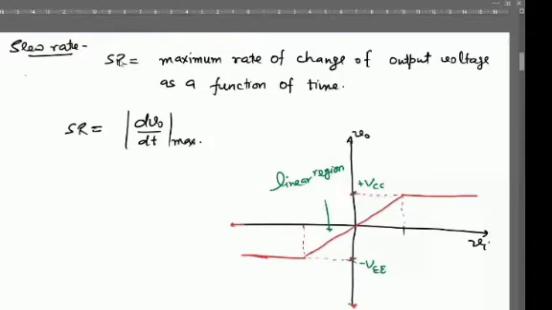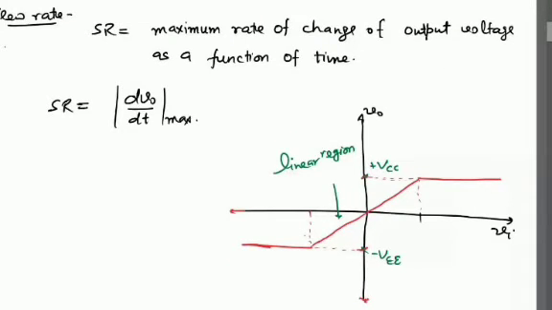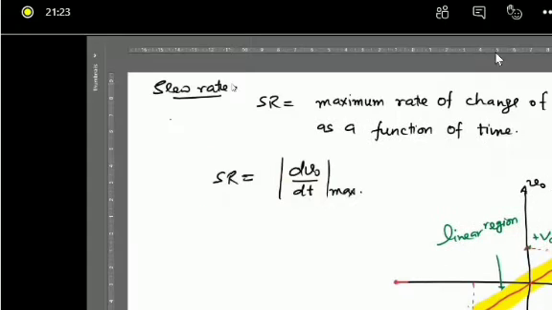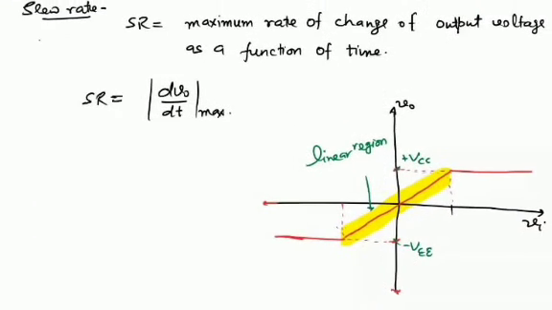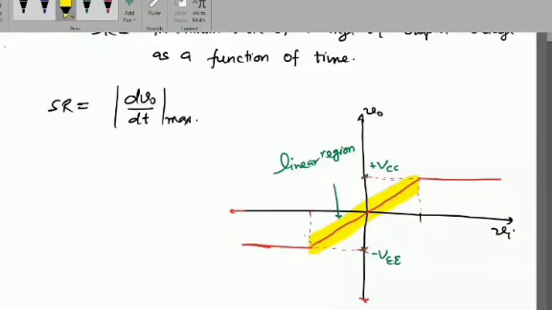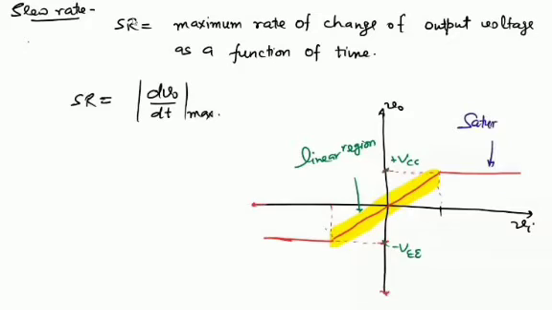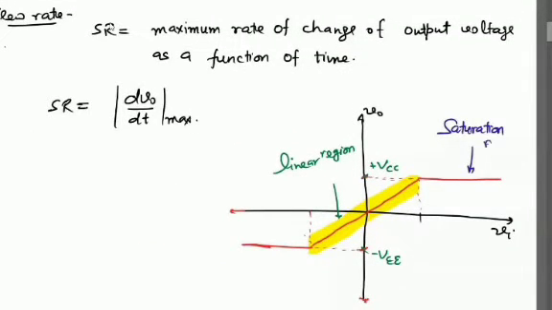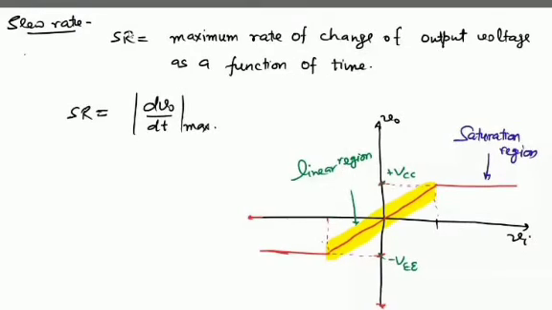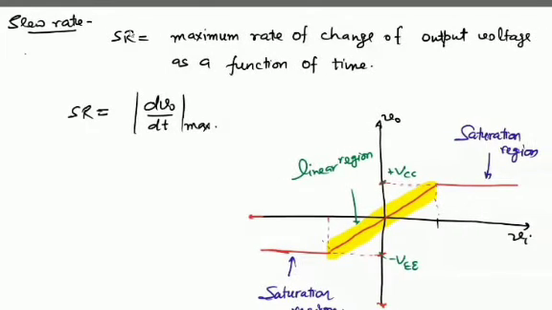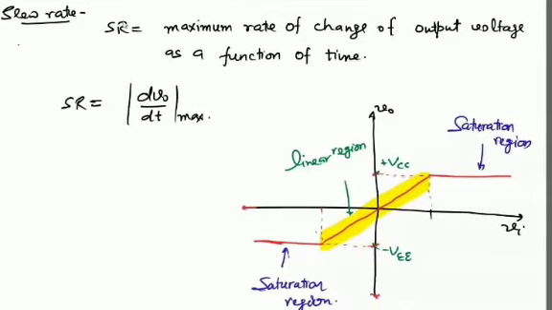This is called the linear region, and generally we use the operational amplifier in this region. Furthermore, this region is called the saturation region.